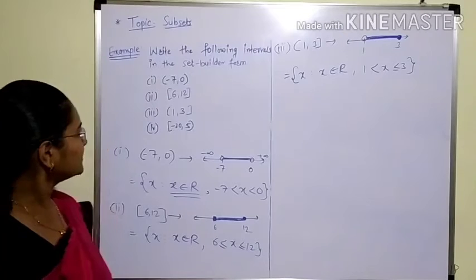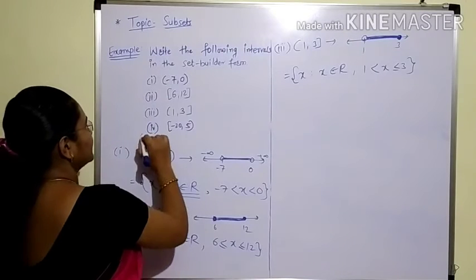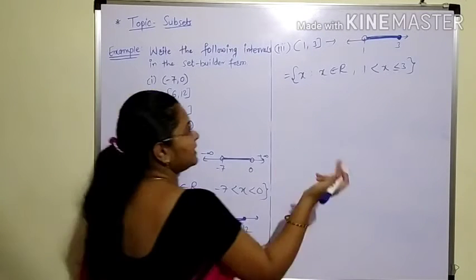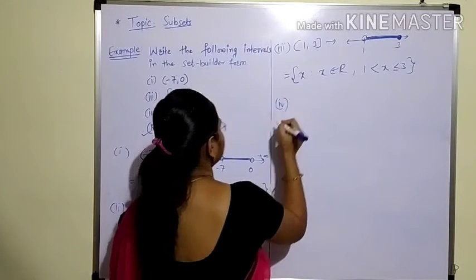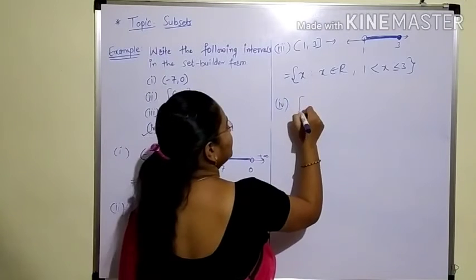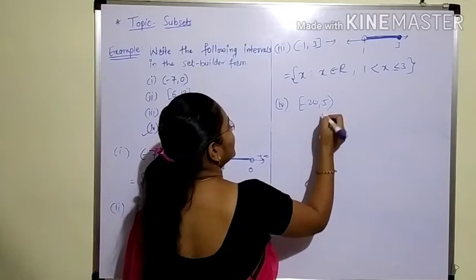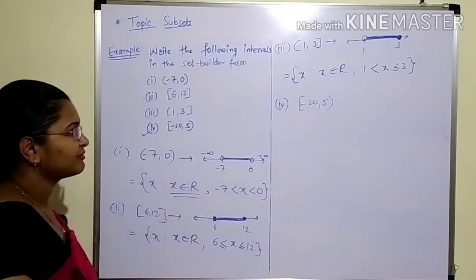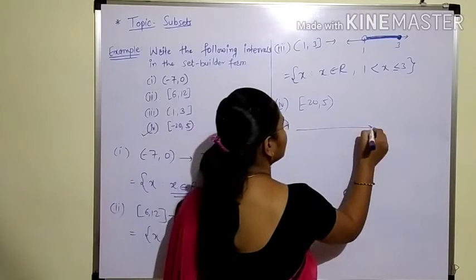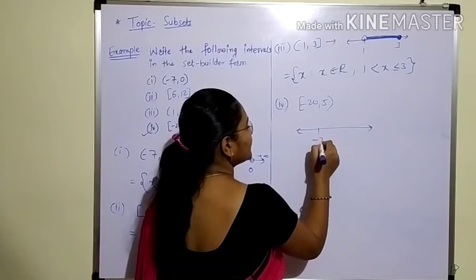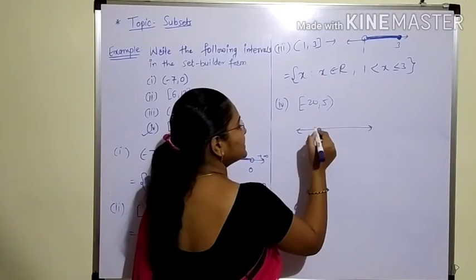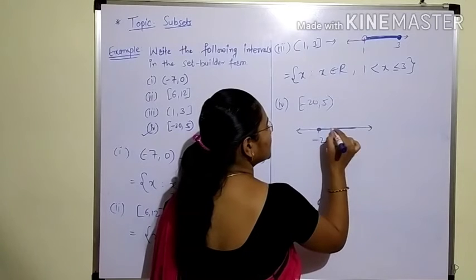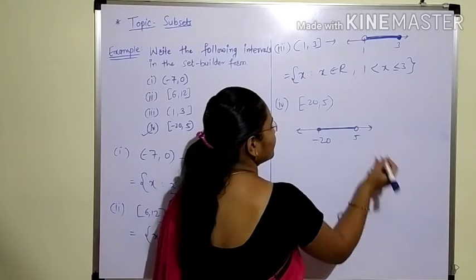Understood? Now the last question, that is the semi-closed interval [-20, 5). If we draw this interval on a real number line, we'll include minus 20 because a closed bracket is there, and we will not include the point 5.